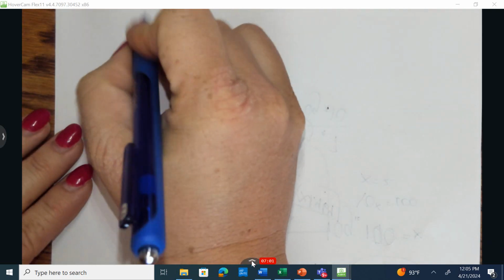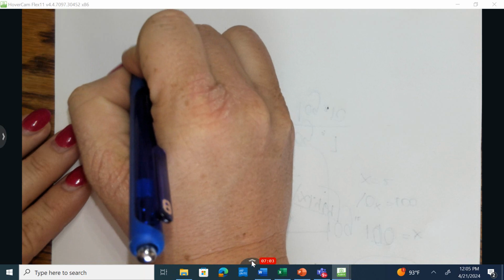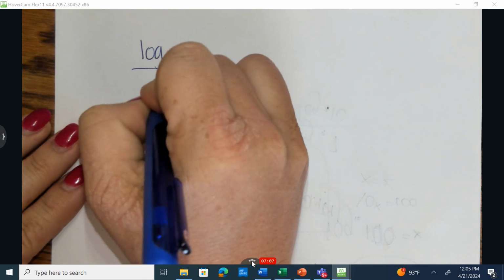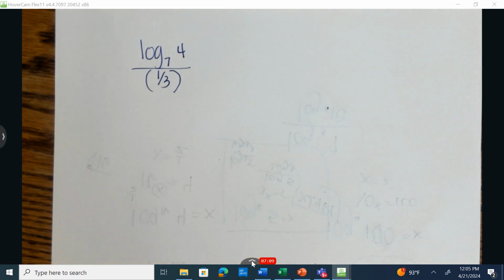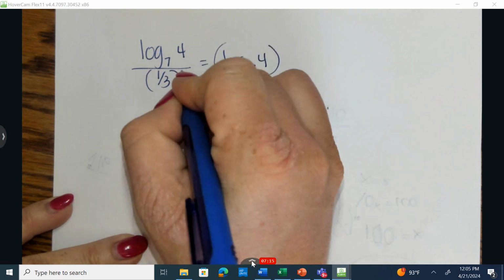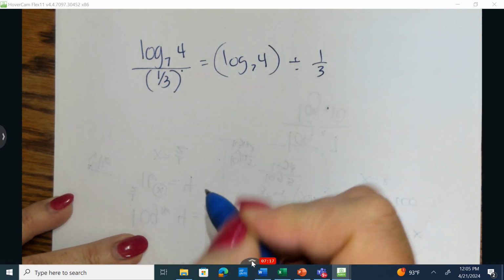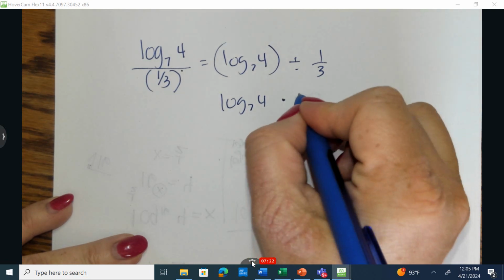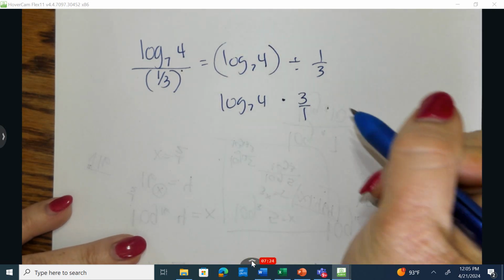Let's just rewrite these. So let's start with log base 7 of 4 divided by 1/3. How could I simplify that? Okay, so I'm taking log base 7 of 4 and I'm dividing it by 1/3. Remember, when we divide, we turn division into multiplication. Now, where does the 3 over 1 go?